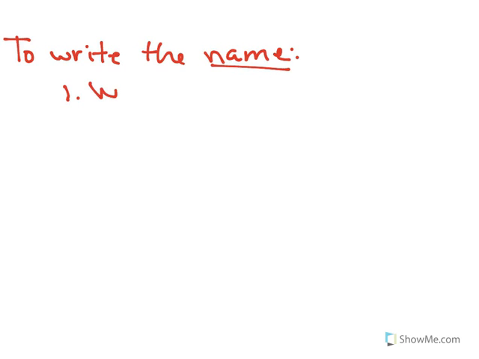So to write the name, you write the name of the metal, just like before. However, there is one cation that's a polyatomic ion.